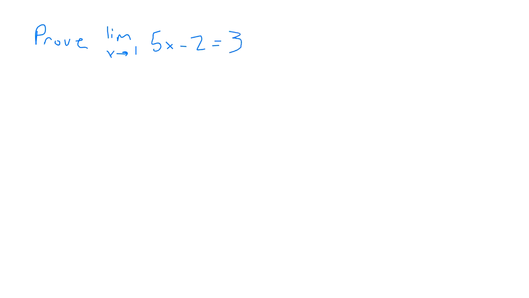All right, so the first thing we're going to do is set up our absolute value for both our epsilon and our delta. We know that we're at x equals 1, so we're going to have our absolute value of x minus A here, so our x minus 1 is within some distance of delta.